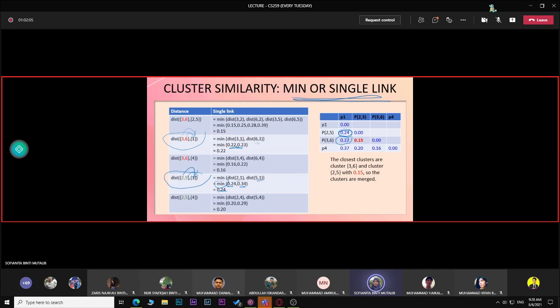Please refer to the previous matrix in the first iteration. The distance of object 3 and 1 will be 0.22, and then 6 and 1 is 0.23. We are using the min, so the distance will be 0.22. And the rest.